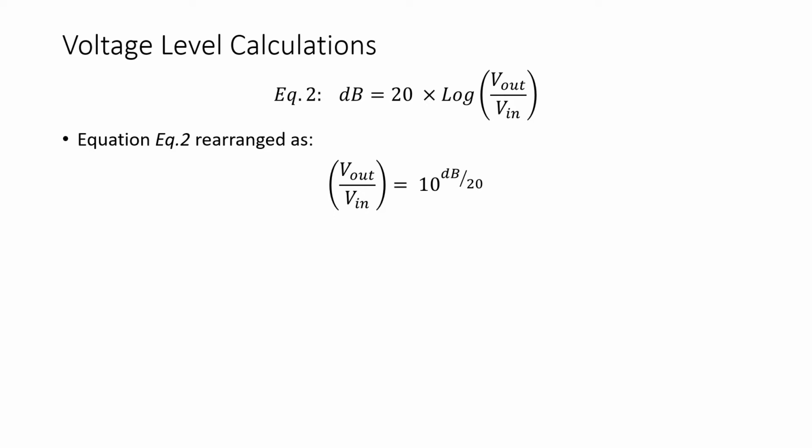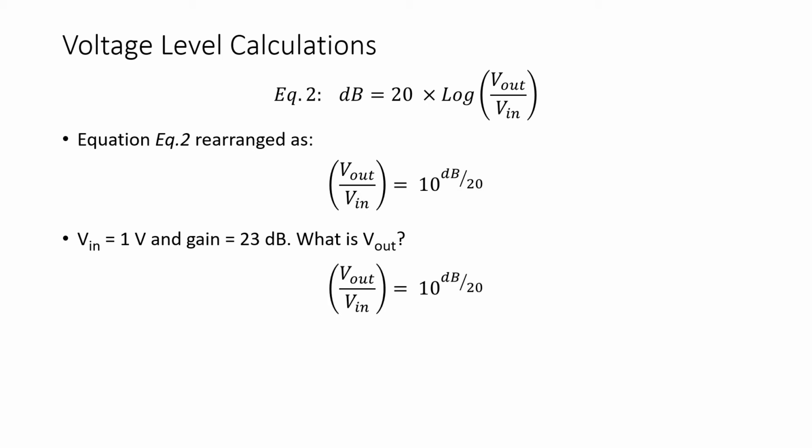Now we can also calculate the input or output voltage values of a system when the gain is given in decibels. So I can rearrange equation 2 as shown, that V out over V in equals 10 raised to the dB divided by 20 power. So if we're given that the input voltage is 1 volt and the gain of the system is 23 dB, what is the output voltage?